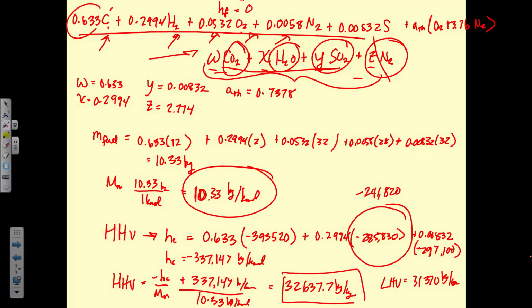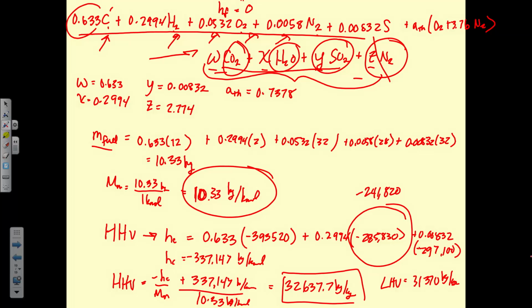That 10.33 kilograms, is that the mass of the mixture? That's the molar mass of the mixture. So that above it, that equation, that's for the mass. Yeah, this is the mass of the fuel.